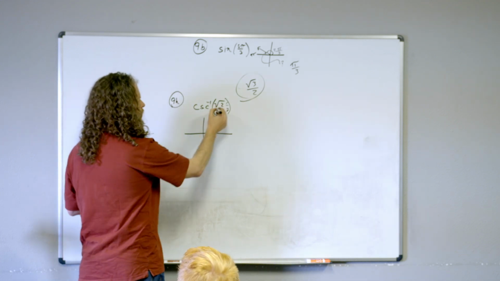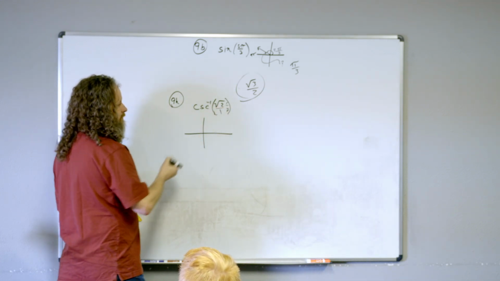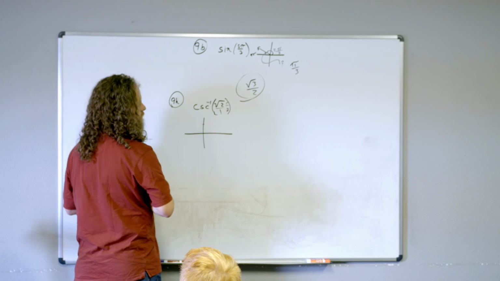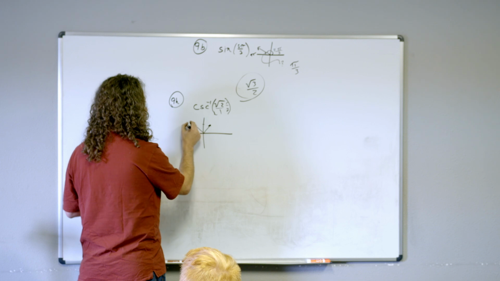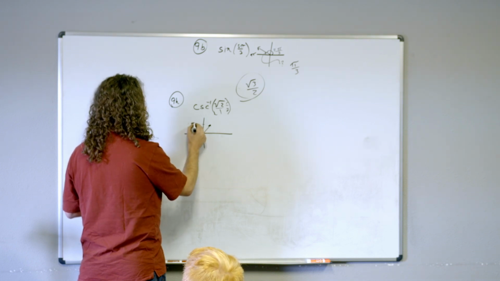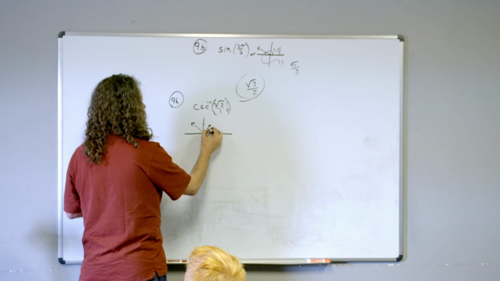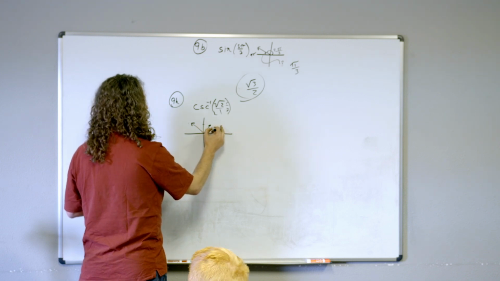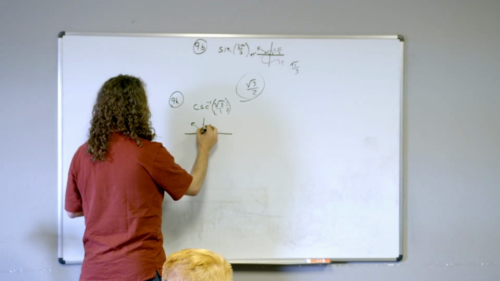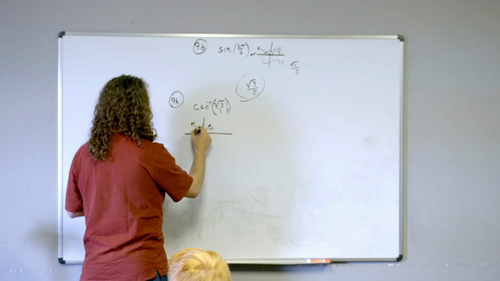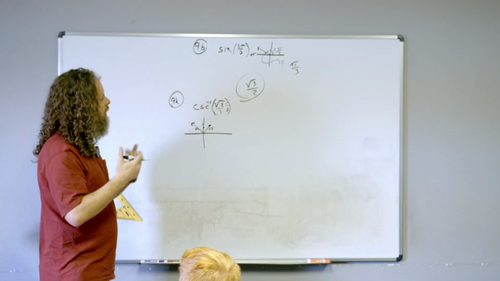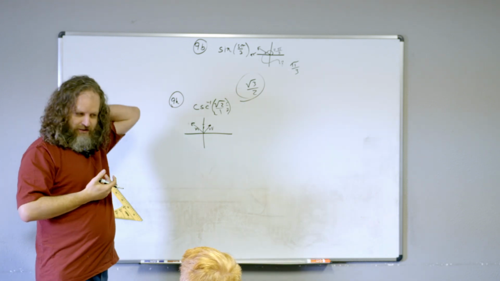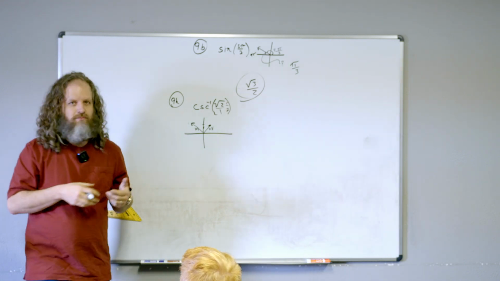So y is 1. So up 1. So it could be one of these two. And there are some problems on here where it could be one or the other, where both are possible.